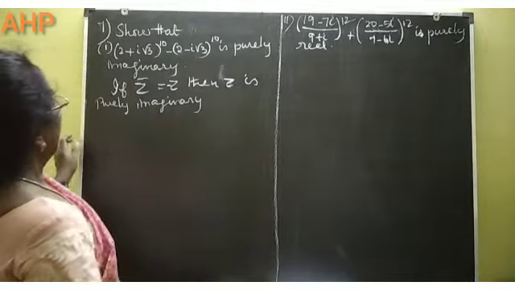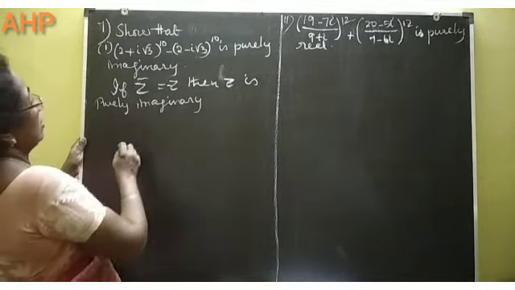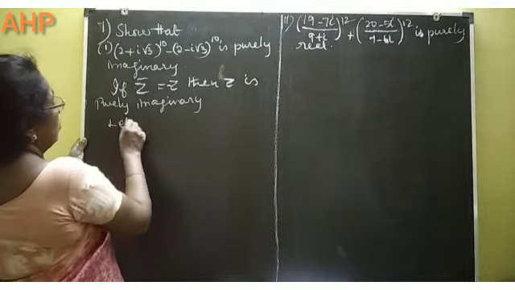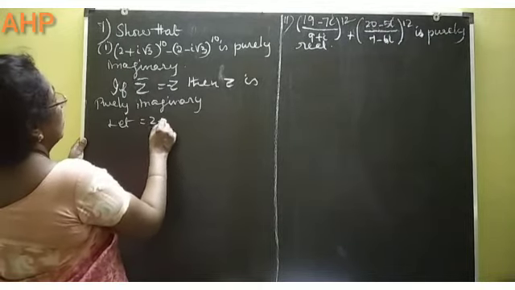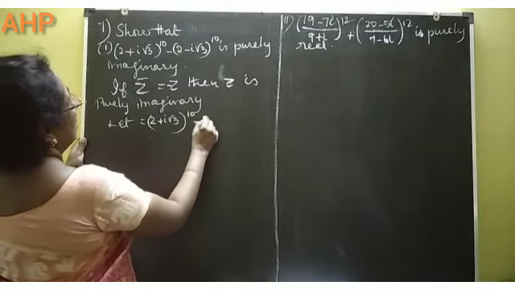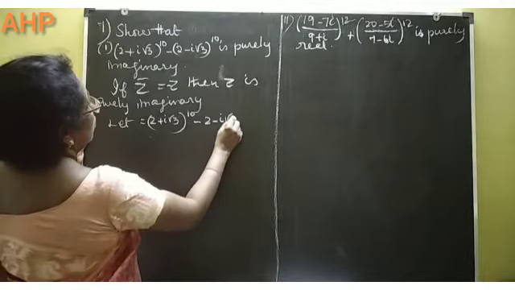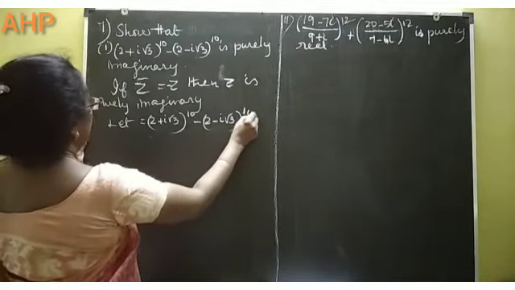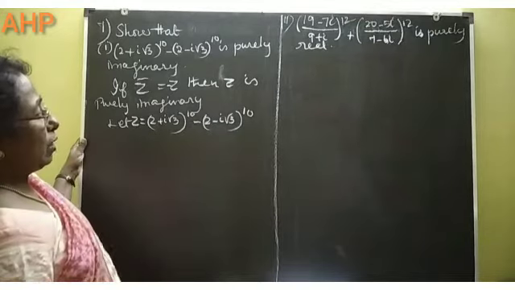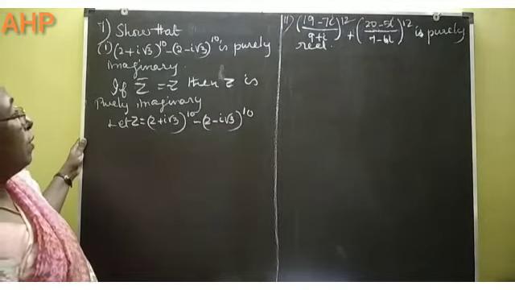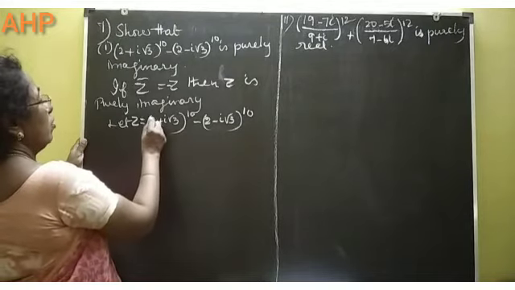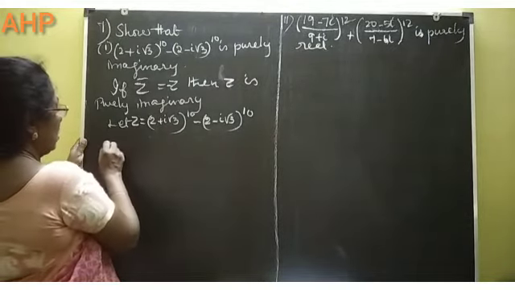So here, let's try to find out what is Z bar. Let Z is equal to the given expression, (2 plus i root 3) the whole power 10 minus (2 minus i root 3) the whole power 10. Now we are supposed to find out Z bar.